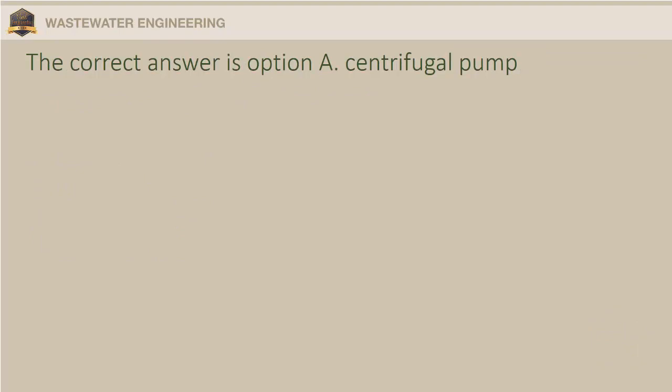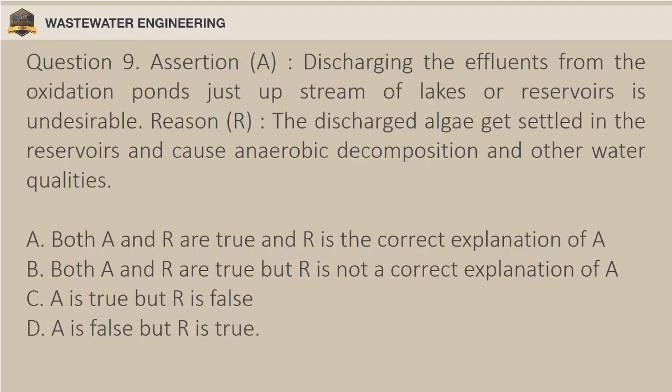Question 9. Assertion A: Discharging the effluents from the oxidation ponds just upstream of lakes or reservoirs is undesirable. Reason R: The discharged algae get settled in the reservoirs and cause anaerobic decomposition and other water quality problems.